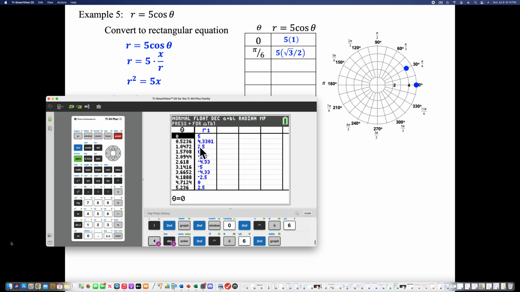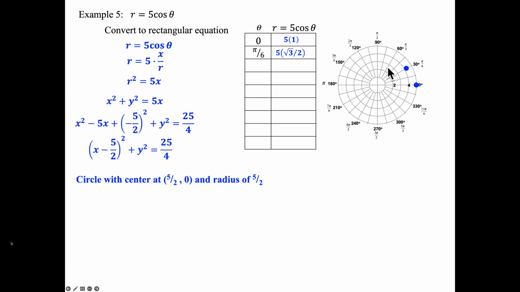5 radical 3 over 2 is approximately 4.301. So you can see here's just around 4.3, and I'm right there at that angle. 2.5, right about there, and that would be pi over 3. Oops, I lost my calculator. I did pi over 4.